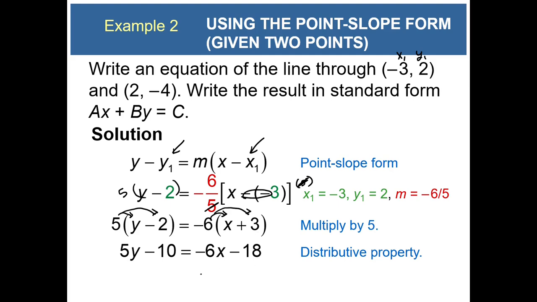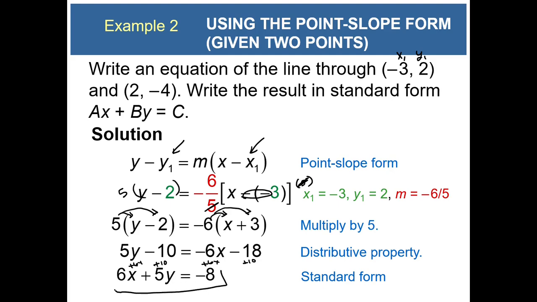We can collect like terms now by adding the 10 to both sides, and adding the 6x to both sides. This gives us 6x plus 5y equals negative 8, which is the standard form that we were looking for.